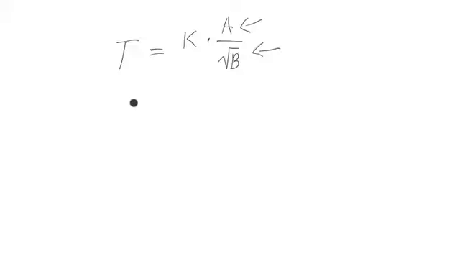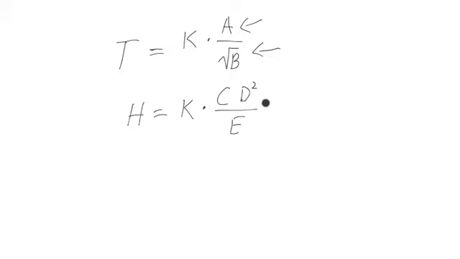What about another instance? What if we had something like this? H is equal to K times, let's do C times D squared all over E. Here we would say that H is jointly proportional to C and the square of D. So jointly proportional to C and D squared.